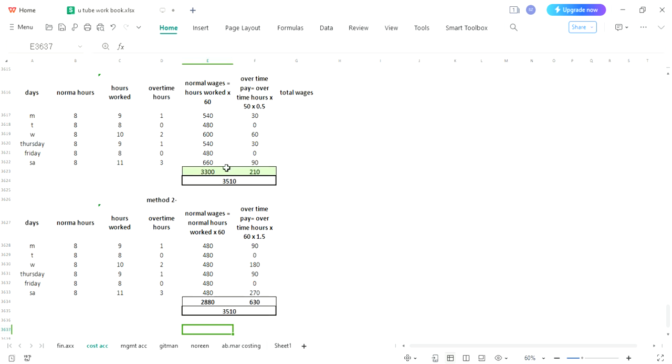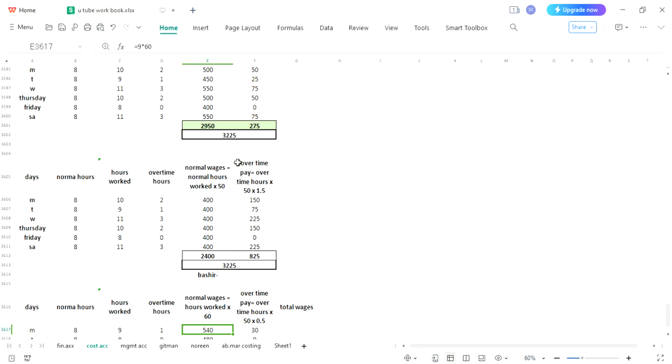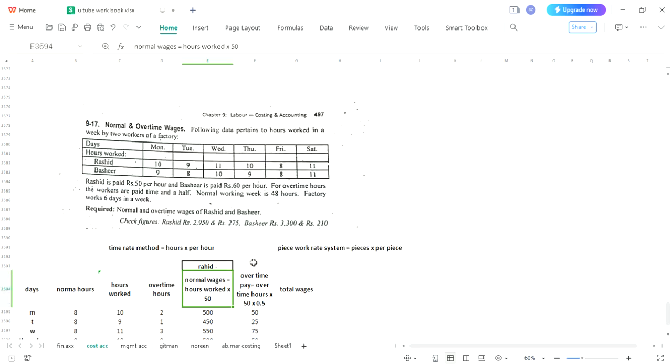For Bashir, you have solved this question in two ways. One, the method which was followed by the book, and one additional method I have suggested. Both answers 3510, 3510. And in the first worker's case, Rashid, you were having 3225, 3225, one answer according to your book, second the suggested answer. Question is reviewed.